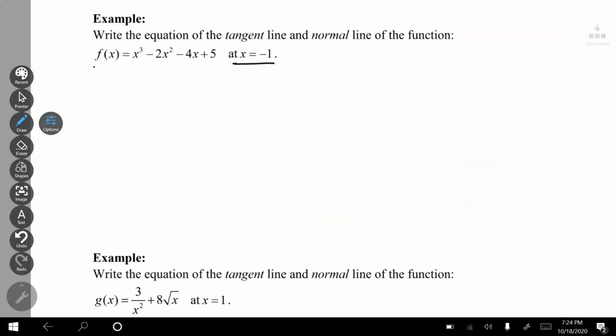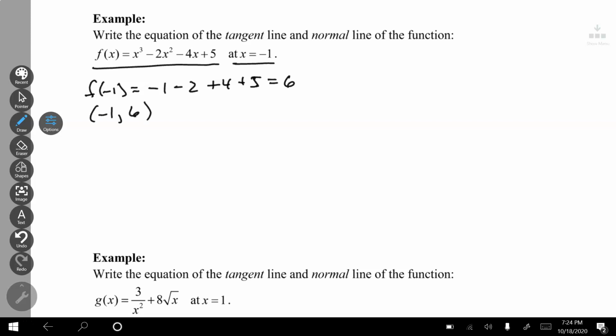We have a function and a value that we can plug in. I plug in negative 1, and I get 6. So negative 1, 6 is my point. f prime of x is equal to 3x squared minus 4x minus 4.